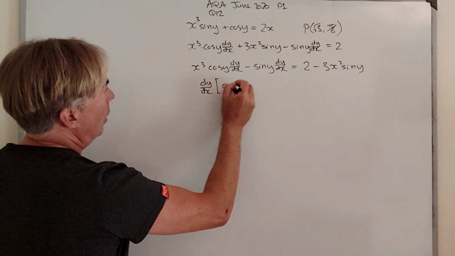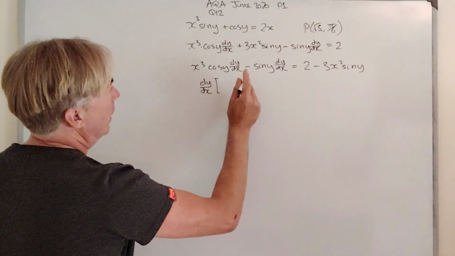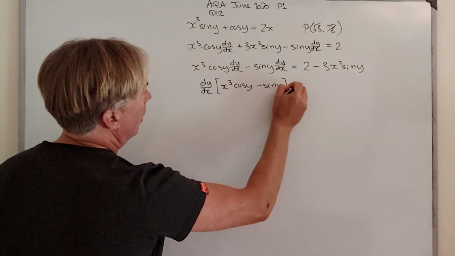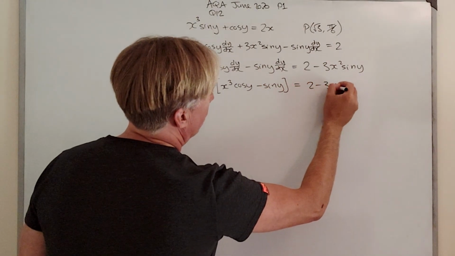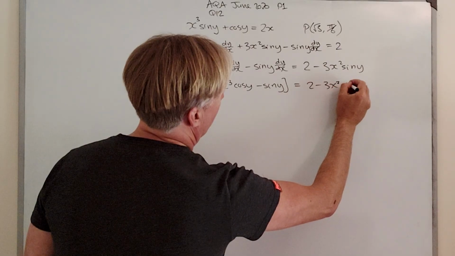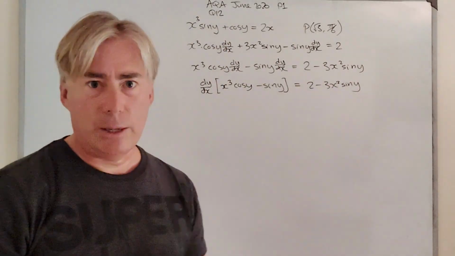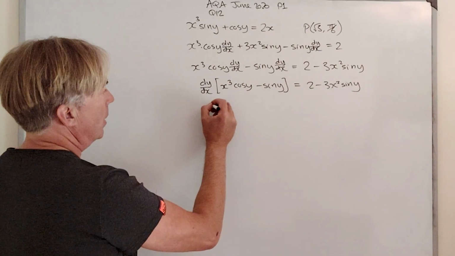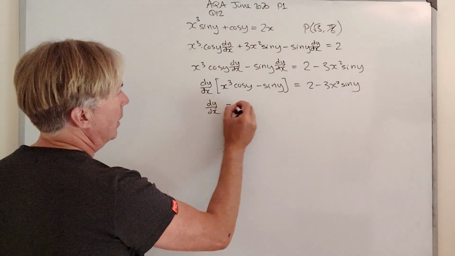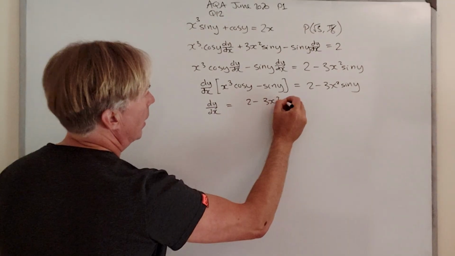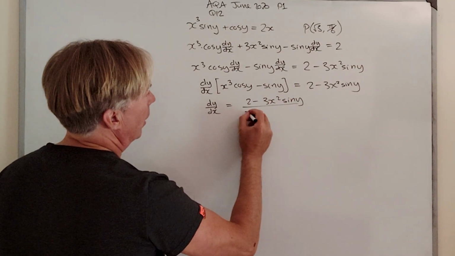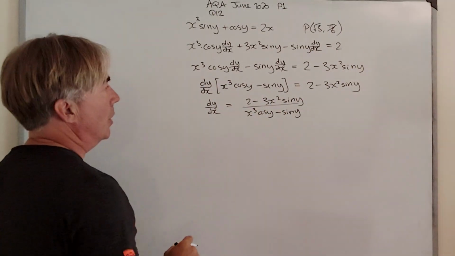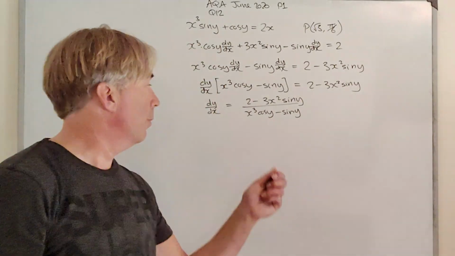We end up with, sorry, I nearly forgot my x cubed, cos y minus sine y equals 2 minus 3x squared sine y. And finally, it's time to divide both sides through by our bit in the square brackets, giving us dy/dx equals 2 minus 3x squared sine y over x cubed cos y minus sine y. And there is 5 marks because we were asked to prove precisely that.